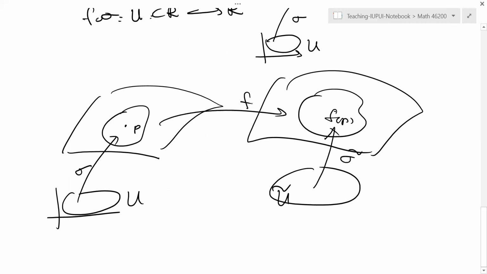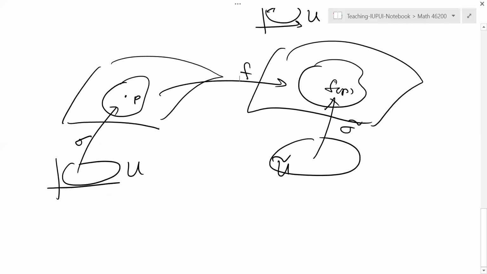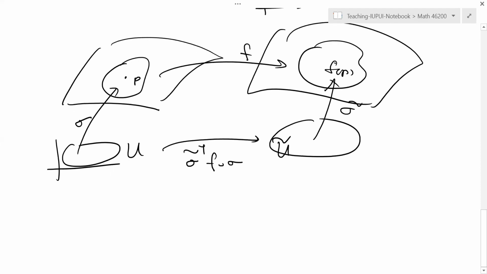Here's F. Then you also have a map, what I should call it, F circle sigma tilde inverse. So you have a map from U to U tilde, and this gives you the so-called Jacobian.